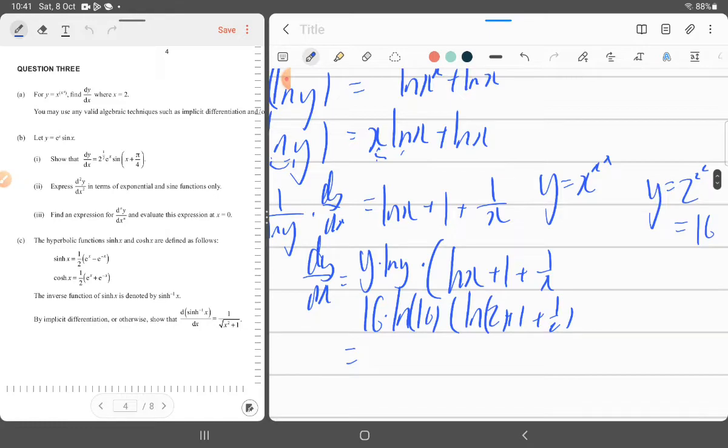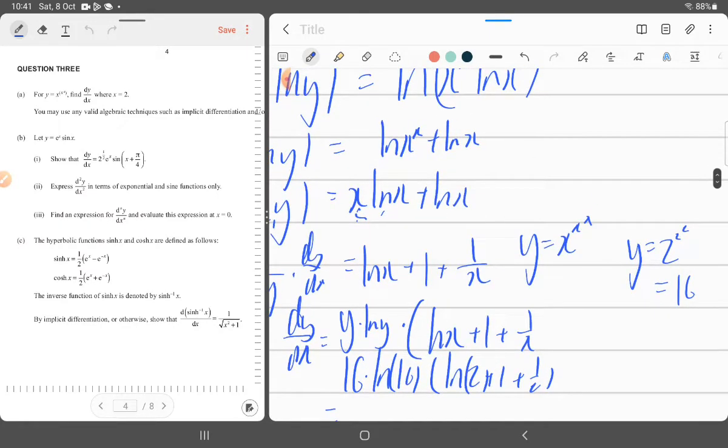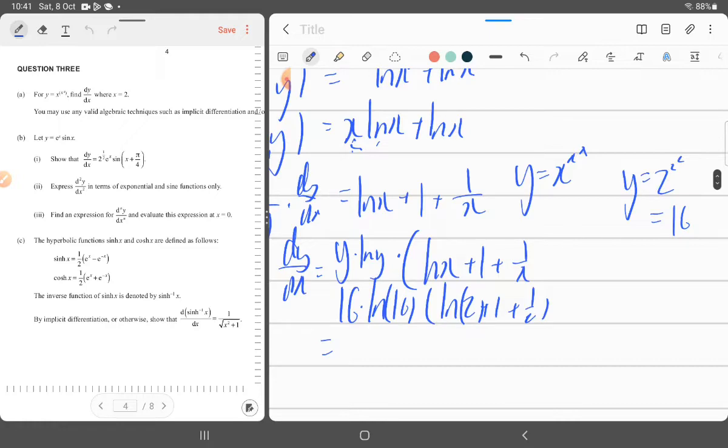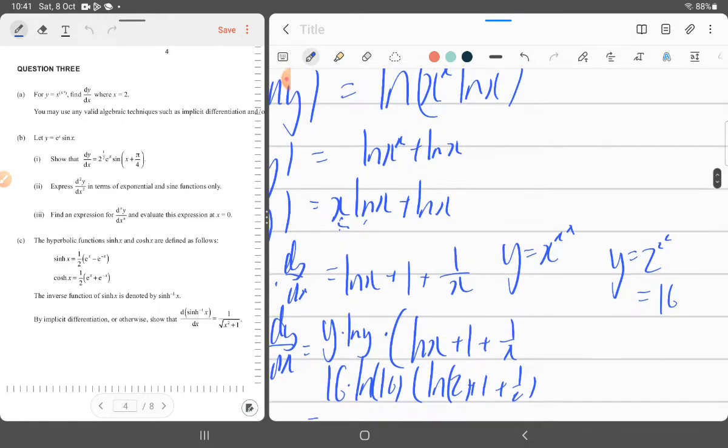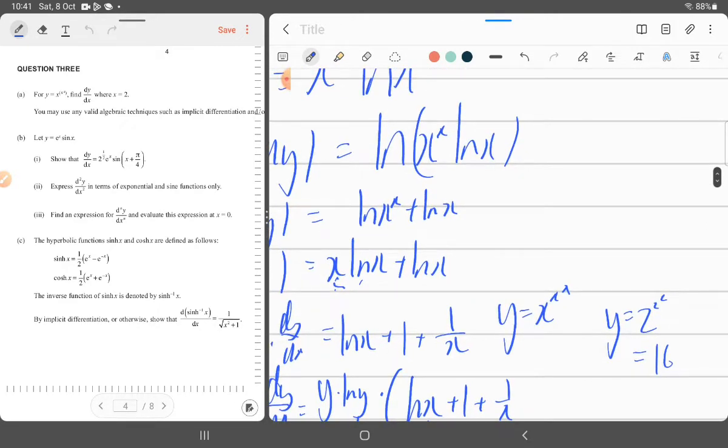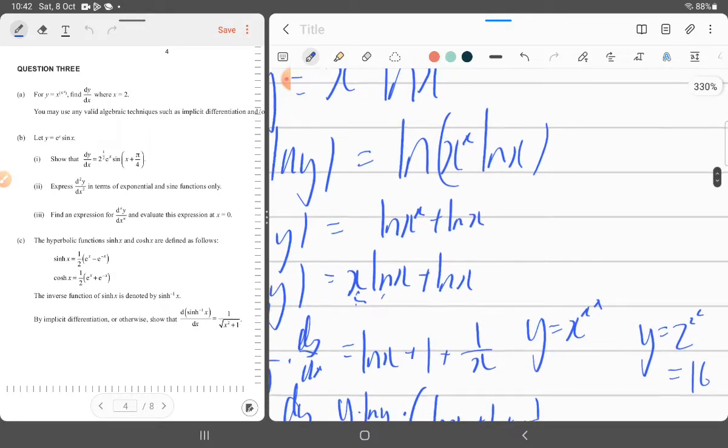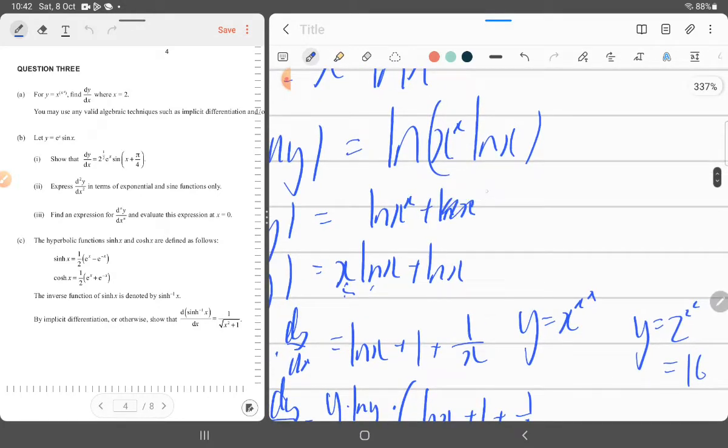Natural log 2 plus 1 plus natural log. Oh wait, oh no, natural log of x.